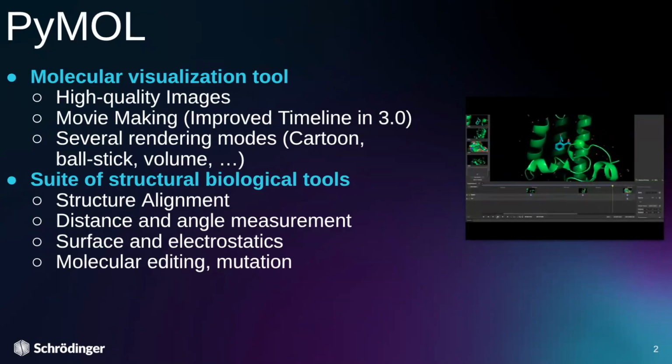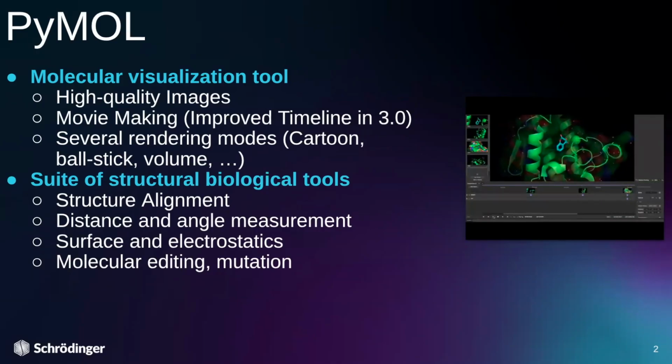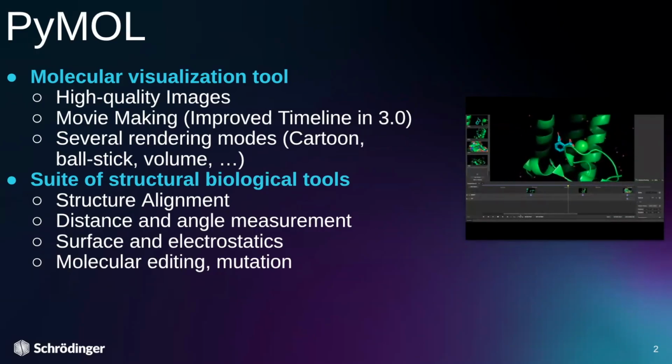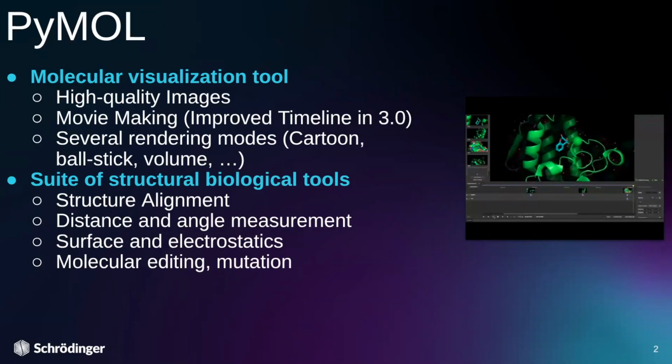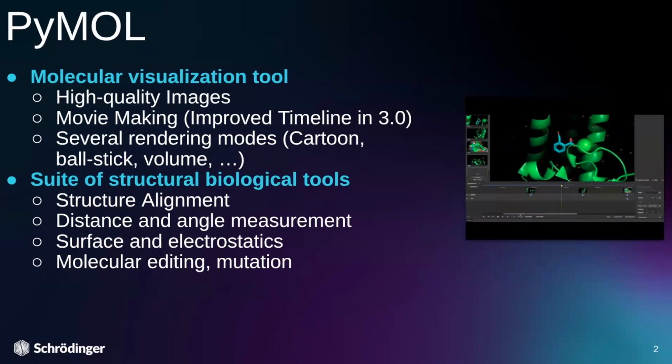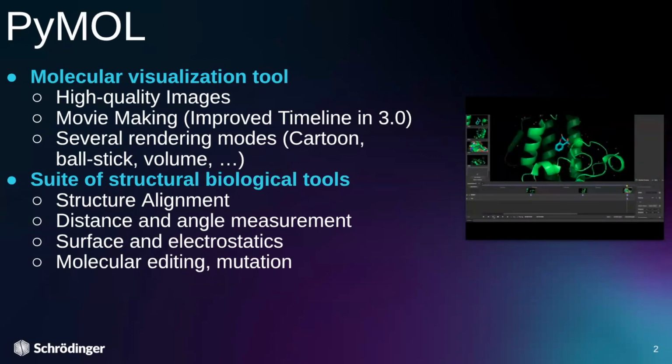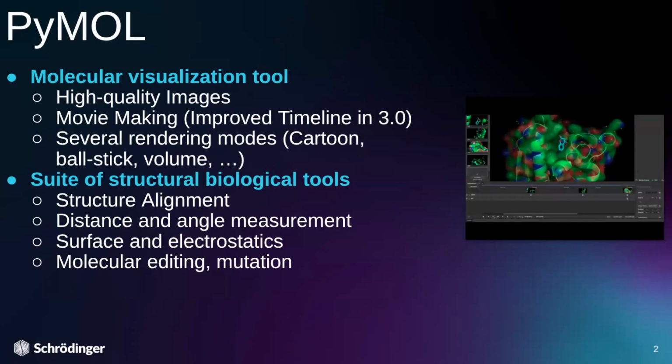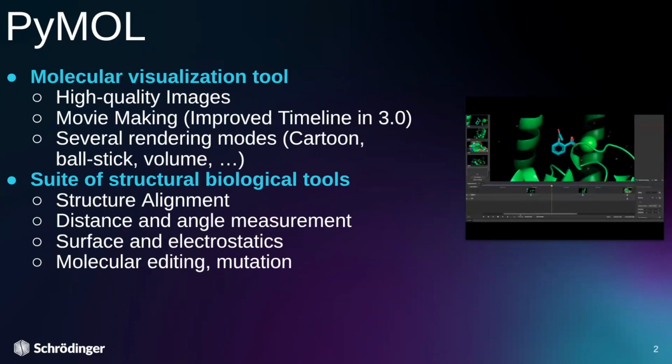If you want more information, like a tutorial, there's the Schrödinger documentation and online videos. You can go to the Schrödinger YouTube channel, where there's a timeline video that shows how to set up all this in the new timeline in 3.0.